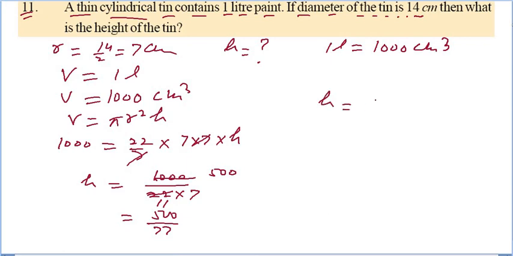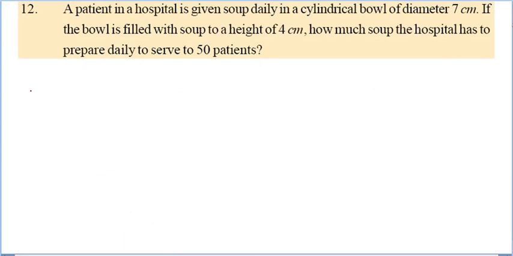So h will be equal to 500 upon 77. So you can divide this one. It will be 6.25 near about centimeter. So that will be your answer. Now come to the 12th question.